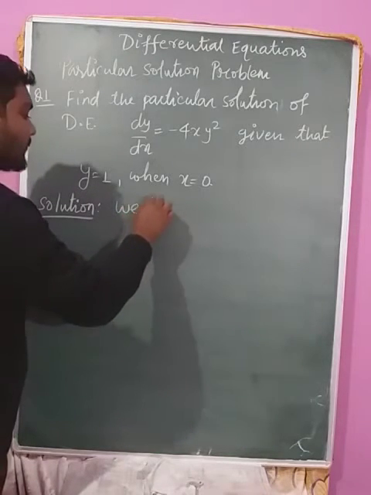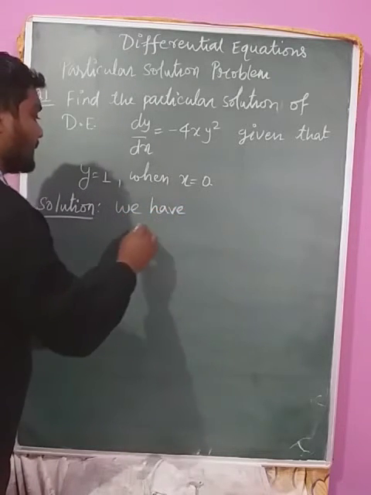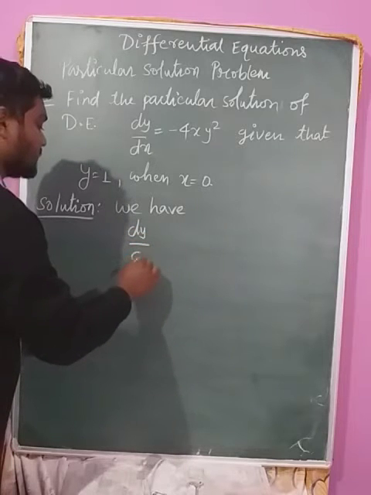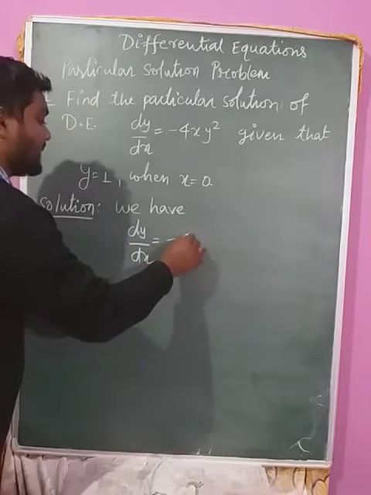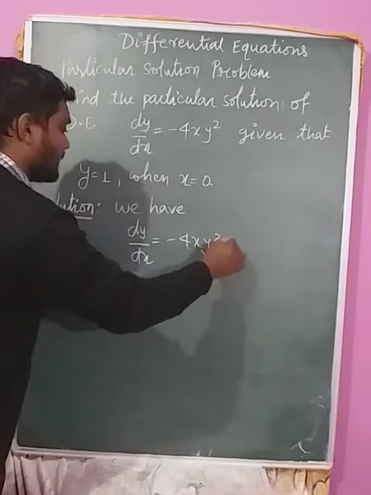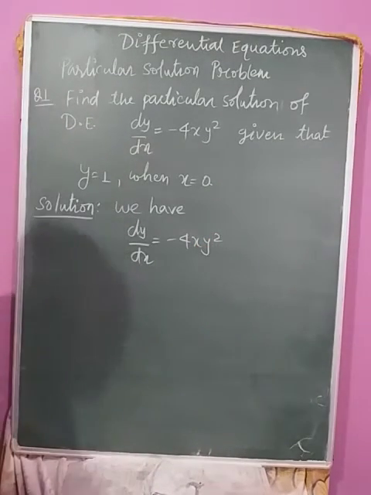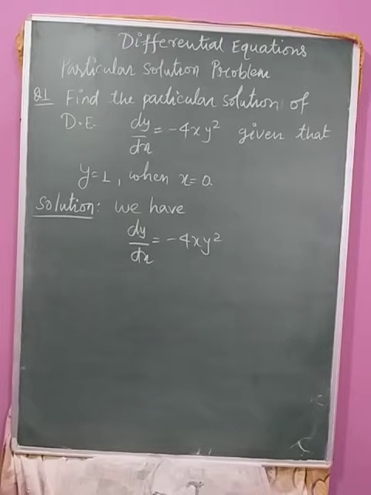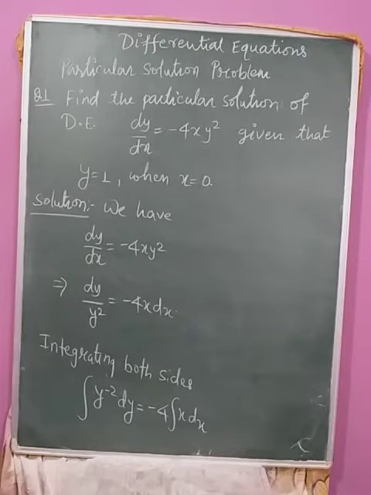We have dy by dx equal to minus 4x y square. Separate the variables, and also separate the operators dx and dy.